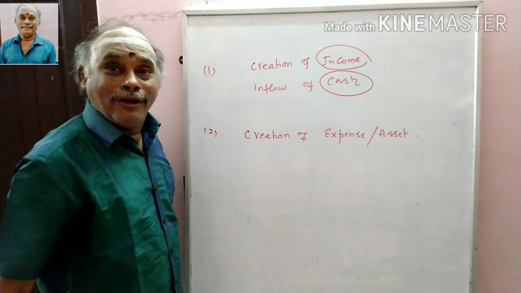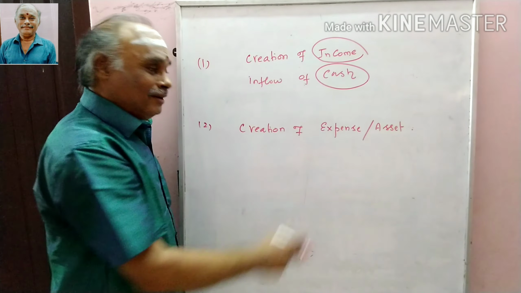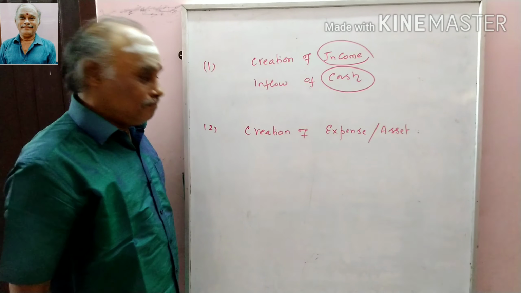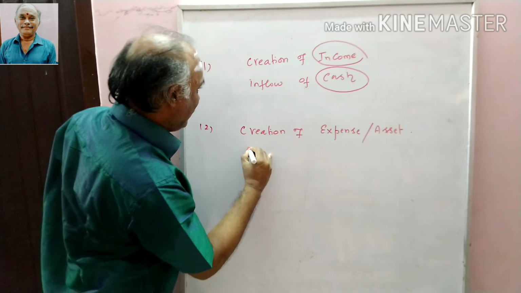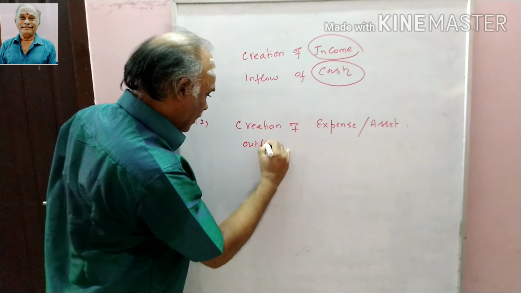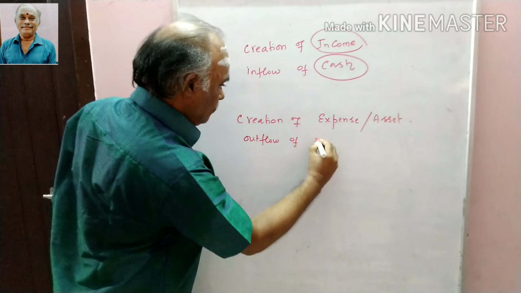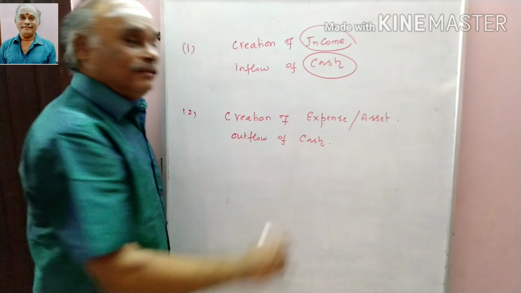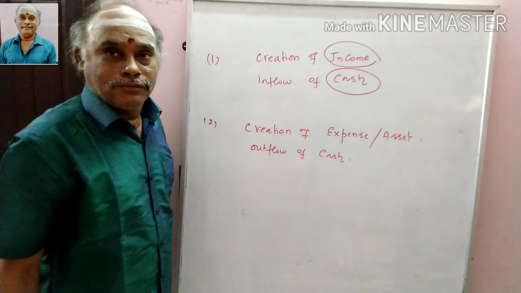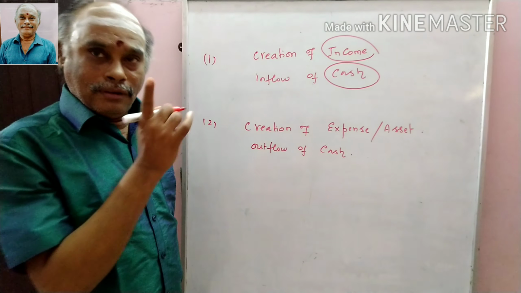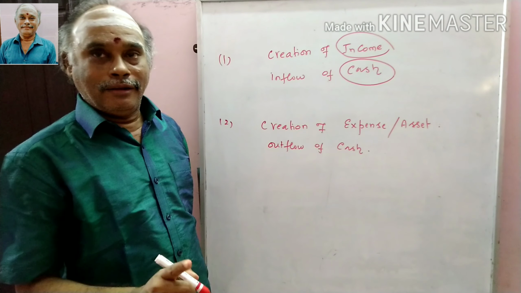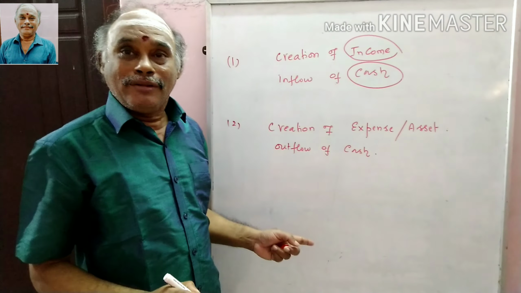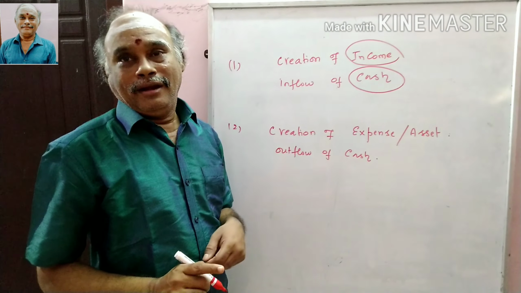Again, you have to go back to my earlier videos and understand the difference between an expense and an asset, please. And then on one side it is a debit, and on the other side outflow of cash, which is nothing but the credit. So now, cash transaction and credit transaction, both of them you understood very clearly. Regarding the examples, we will go to the next videos.